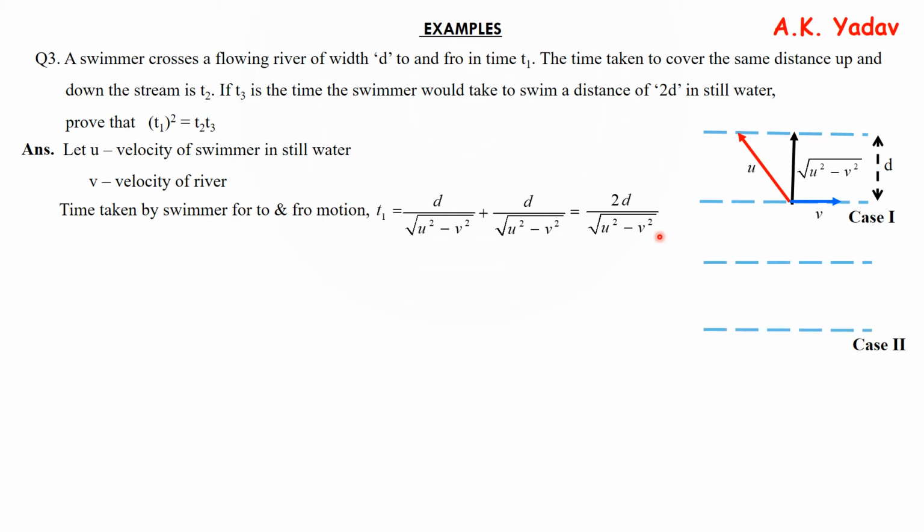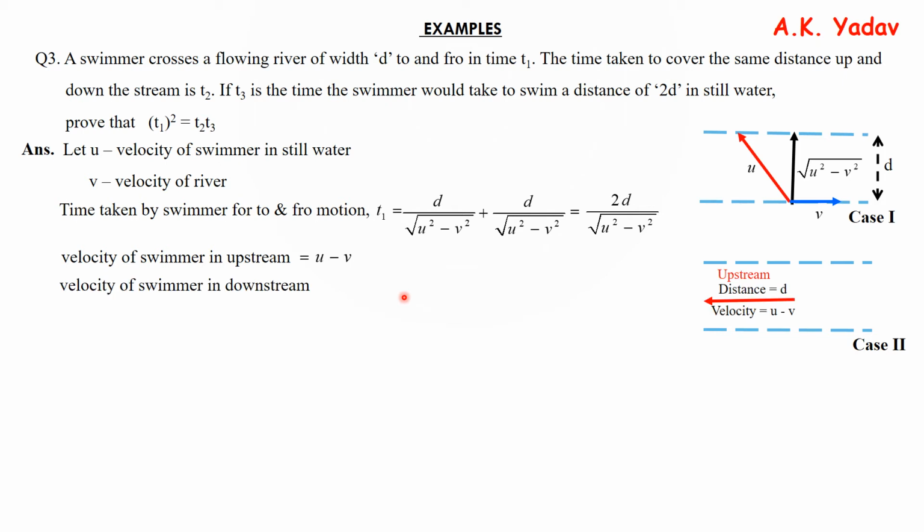Let us move to case 2 with the river. Now the velocity of swimmer in upstream, which is against the flow of river, is u minus v. So in upstream the distance covered is d, velocity is u minus v. The velocity of swimmer in downstream is u plus v, that is with the flow of the river.